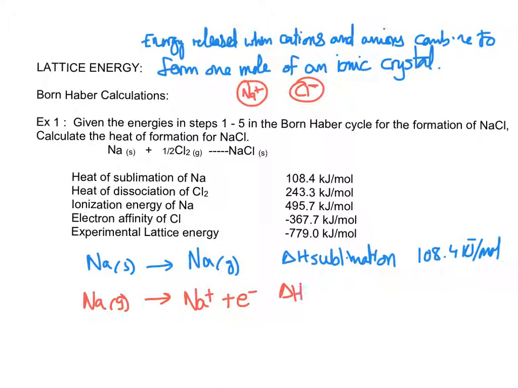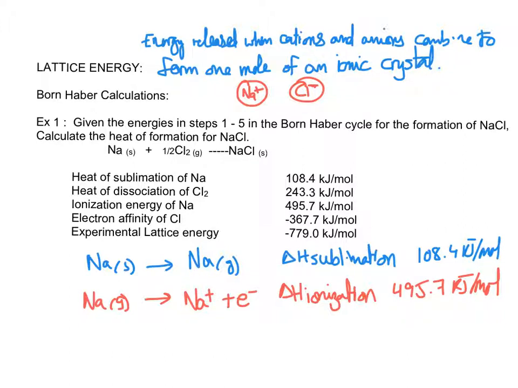Like we said, that would be endothermic. This is the delta H of the ionization. So we're ionizing the sodium. And it is positive. They give it to us as positive 495.7 kilojoules per mole. So now my sodium is ready. It's in the gaseous phase. I had turned it into an ion.